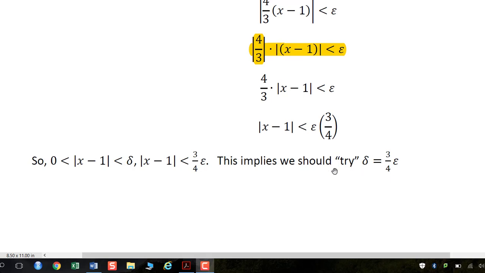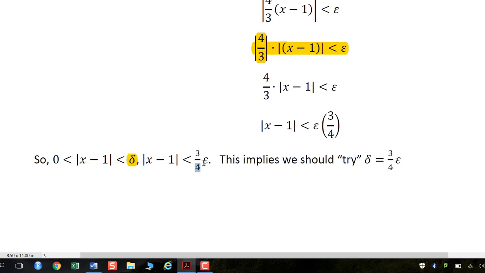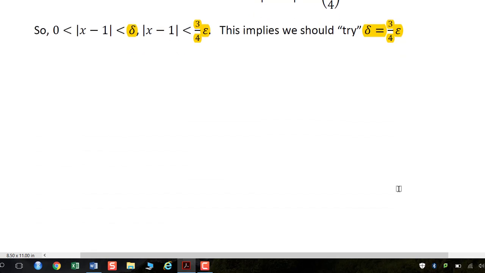So I'm going to try my delta to equal 3 over 4 times epsilon.